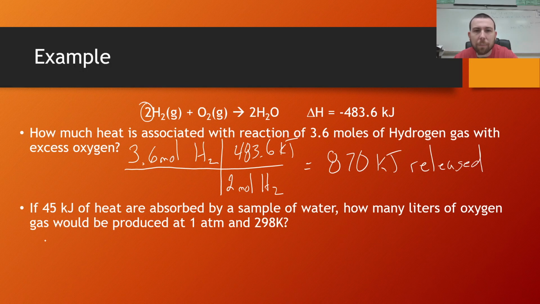if we were going to decompose this, essentially we flipped the reaction. So we're saying, all right, 45 kilojoules is what I'm starting with.